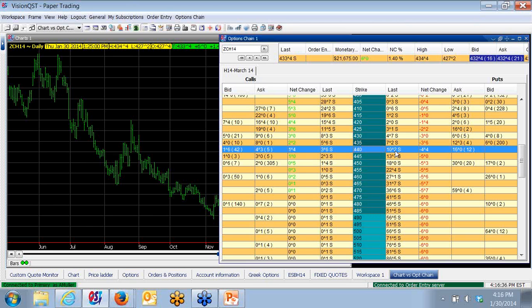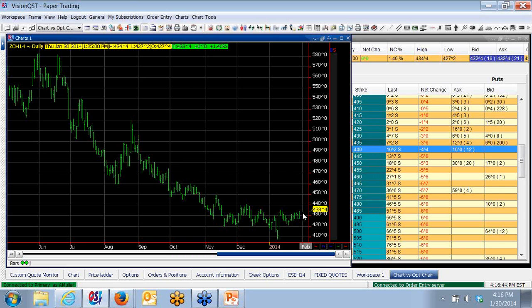So you're in the money 6.5 cents. This would be an in-the-money option as a put because the strike is above the market. And if it expires today at 433.5, it would be worth 6.5 cents just because it's in the money.